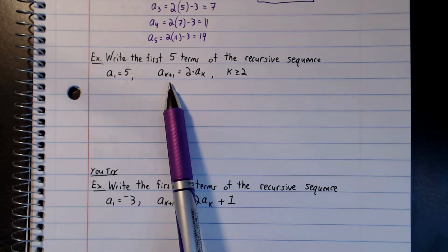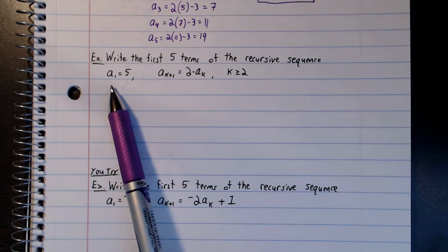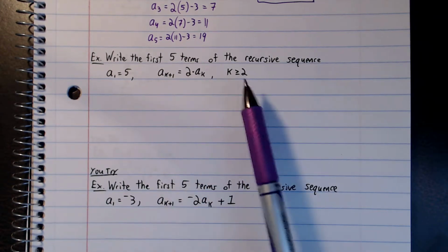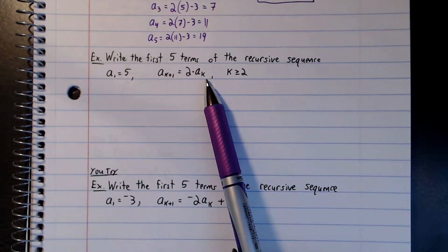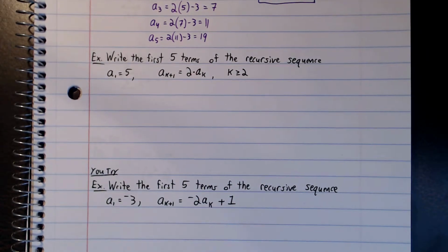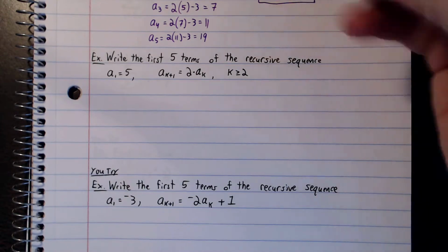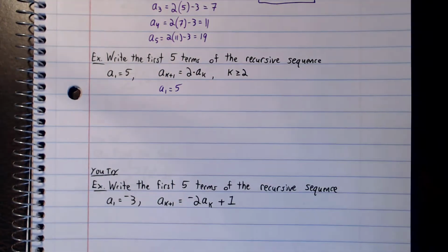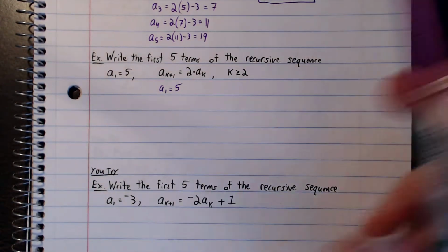So if I was looking at the first term, if I was to look at the next term, that'd be the second one. But then you notice that this is 1 less. So again, we're depending on the previous term. Okay. What exactly do I mean by that? Well, we already know A1 is going to be 5. It's given to us.